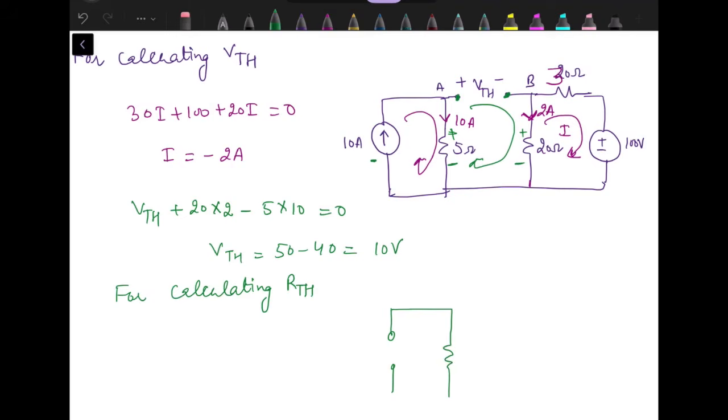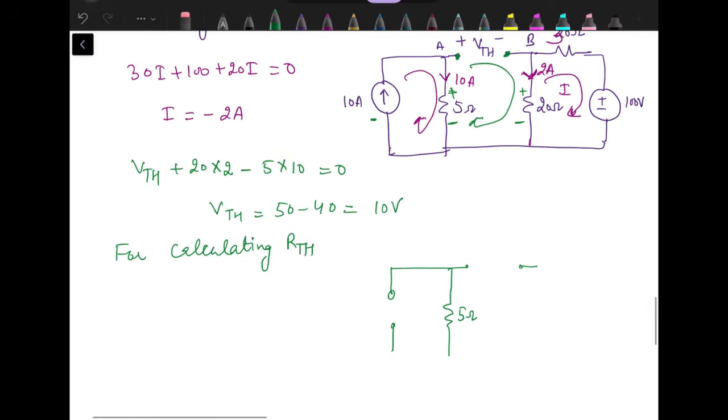Then we have 5 ohm resistance. Load resistance has to be removed from the circuit. 20 ohm, 30 ohm, and this voltage source is replaced by short circuit.